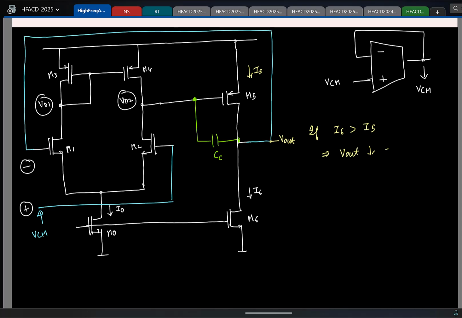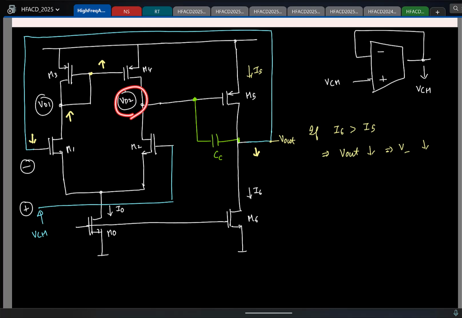So the inverting terminal voltage also decreases. So let me mark it here. So this will reduce, which means the inverting terminal reduces. Then what can you say about this voltage VD1? If the gate voltage here reduces, what can you say about the drain voltage? Increases. So this will increase.